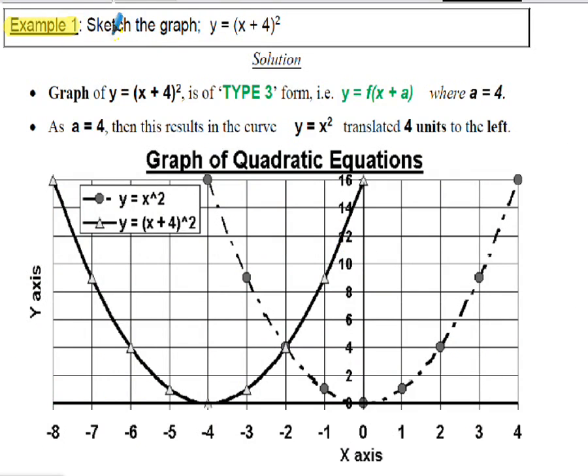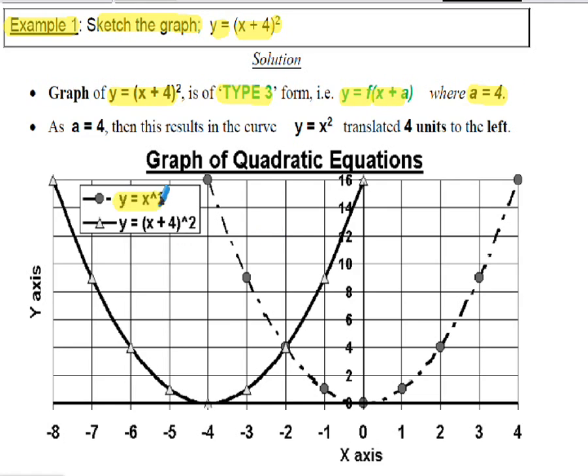Example 1. We're asked to sketch the graph of y is equal to (x plus 4) all squared. So y is equal to (x plus 4) squared is a type 3 graph of the form y is equal to function of x plus a, where a is equal to 4.